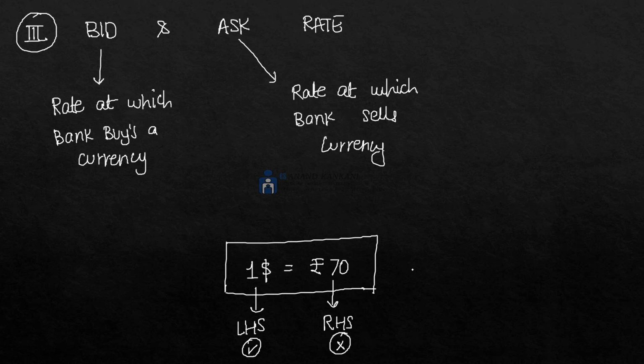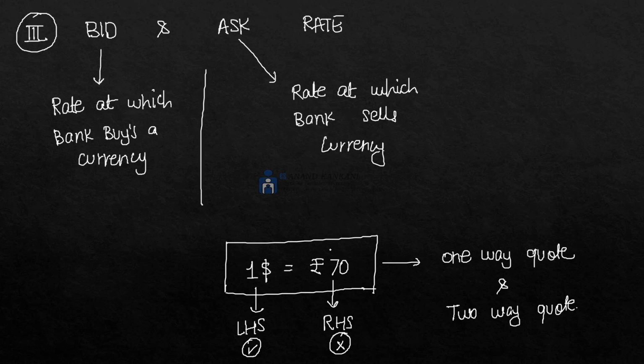Before I proceed further, I need to make you acquainted with the concept of one-way quote and two-way quote, so that you understand the significance of bid and ask and why I mentioned the left hand side currency in the exchange rate. If you see an exchange rate like $1 is equal to 70 rupees, this is called a one-way quote.